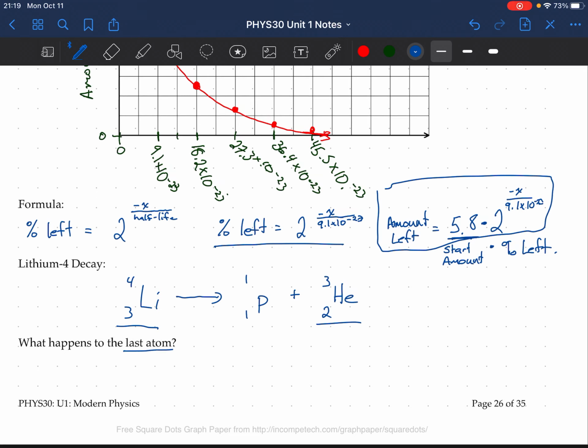Now, what happens to the last atom? The last lithium-4 atom, there is a 50-50 chance it decays within one half-life.